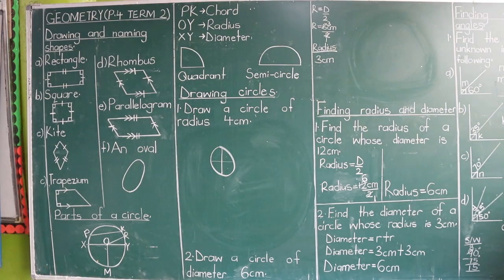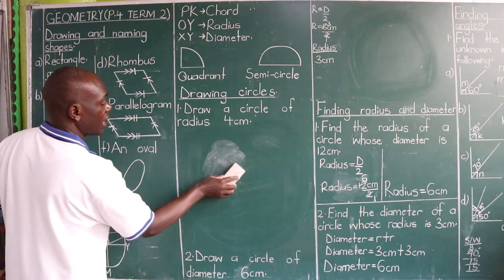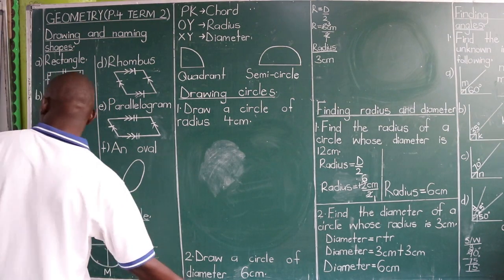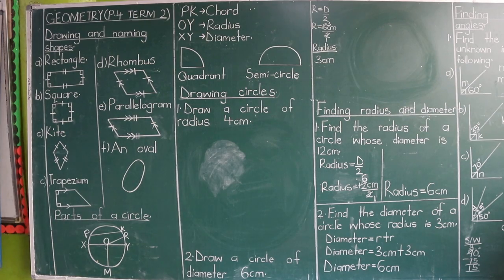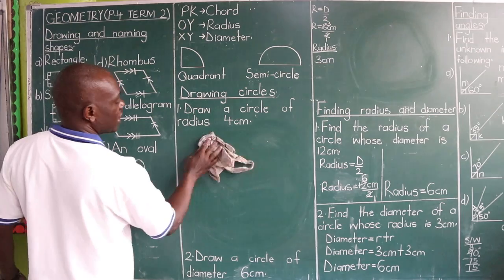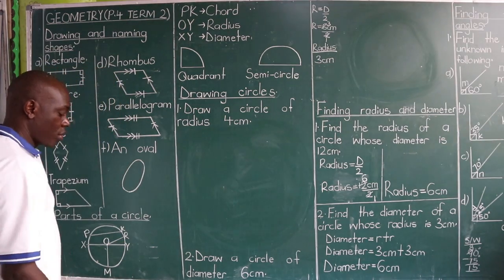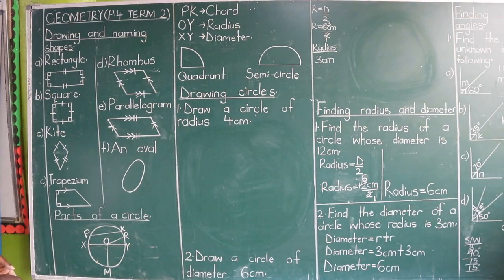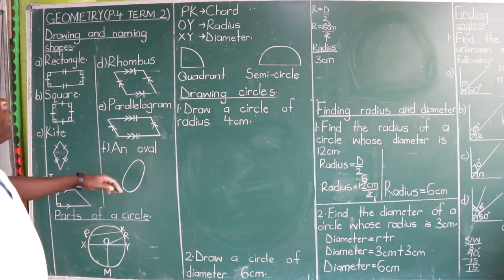A quadrant is a quarter of a circle. So when a circle is cut into 4 equal parts, you get what is termed a quadrant.